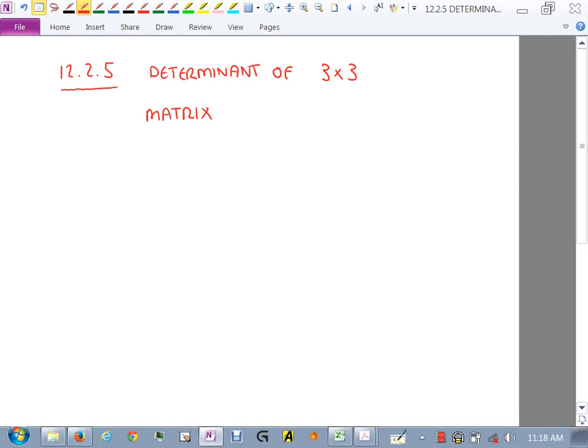First let me write down what the 3 by 3 matrix would look like. How many entries am I going to have in here? 9 of them, right? I could use A, B, C, D, E, F and all these letters, but what about I use this instead?